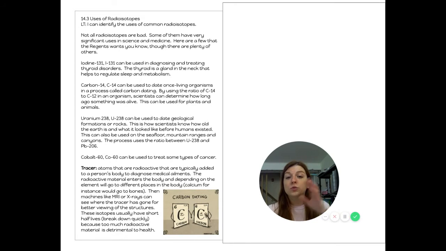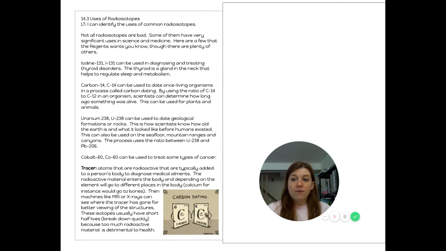But they can also use iodine because when your body gets iodine, it sends it to your thyroid. They can give you iodine in what is called a tracer, and it's kind of like an x-ray. If you've ever had a CAT scan where they have to give you contrast so that when they look at the picture of you, there are different pieces that light up, that's kind of what a tracer is.